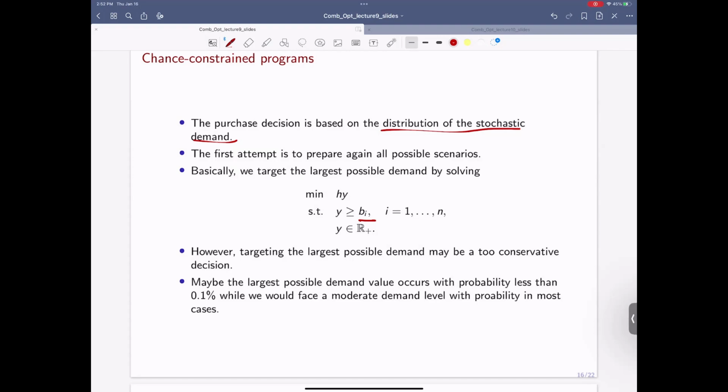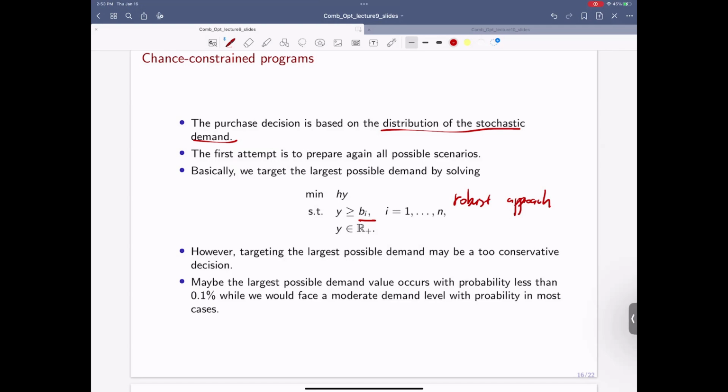You can do this by imposing these inequalities: x has to be greater than or equal to every possible demand value. This is called the robust approach. When you stumble upon the terminology of robust optimization, it means that you are targeting the worst case value.